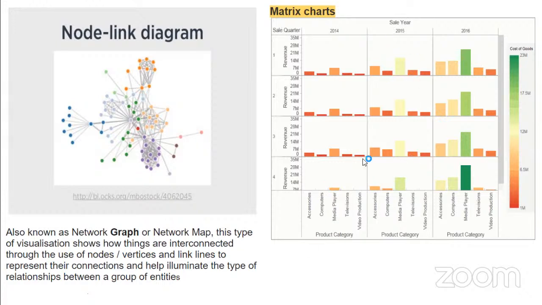So you see we have included so many variables on this one chart. And then you can see that accessories in the year 2014, quarter one, had this amount of revenue, and this amount of cost of goods. So you can really include quite a number of variables.